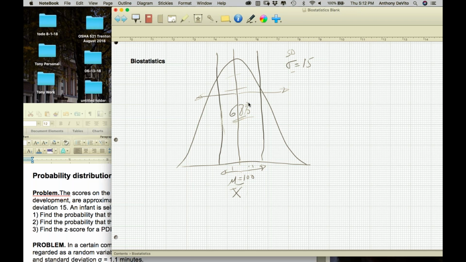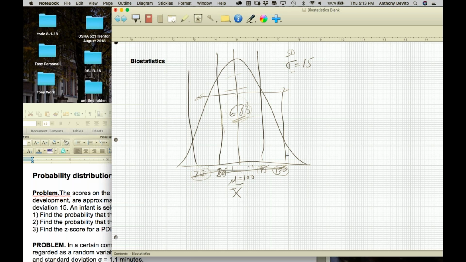So anyway, it's 68%, and 95% for two standard deviations above and below the mean. With a standard deviation of 15, that would be 115. So 68% of the babies have scores between 85 and 115, and 95% of the babies would have scores between 70 and 130.